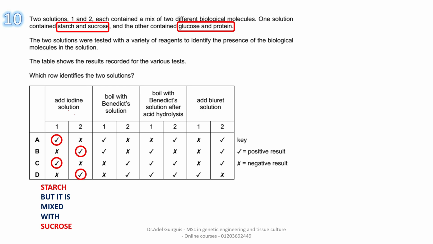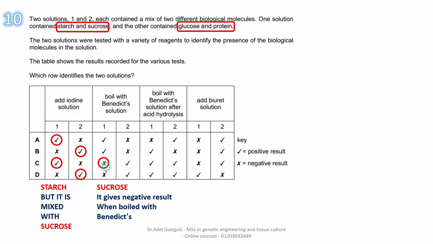So let's check by boiling with Benedict solution directly. Sucrose gives a negative result when boiled with Benedict solution. So for 1, here it gives a negative.